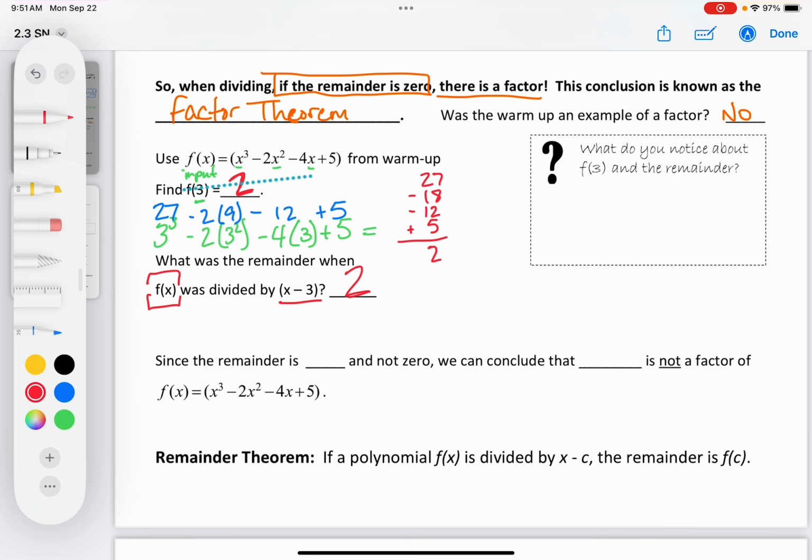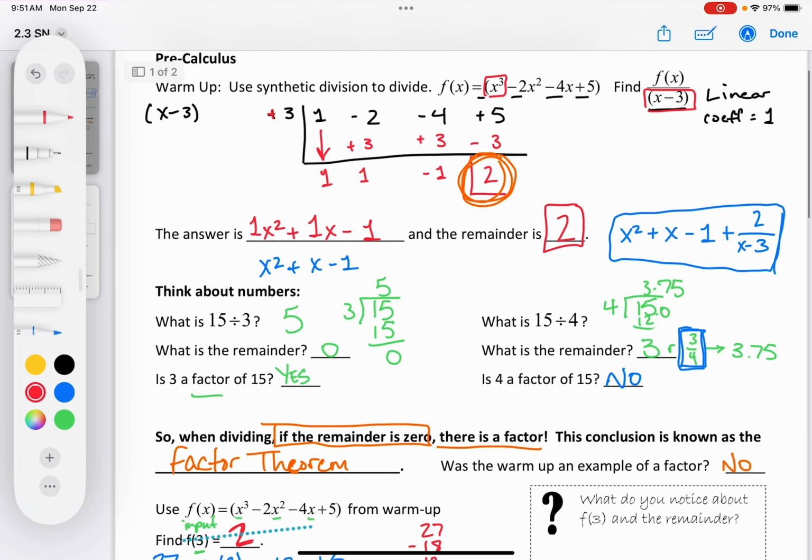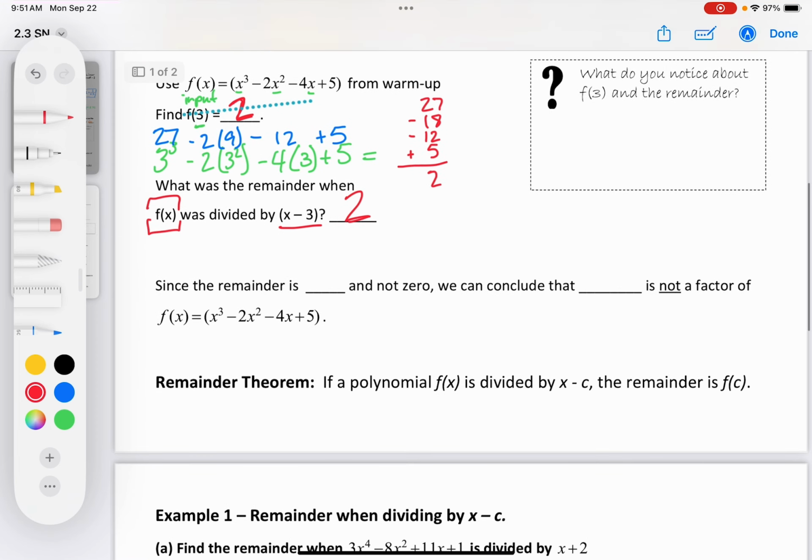When we divided by 3, we got out a 2. So the remainder is 2. It's not 0, okay? So we can conclude that x minus 3 is not a factor. Since we had a remainder when we divided by this value, it's not a factor.